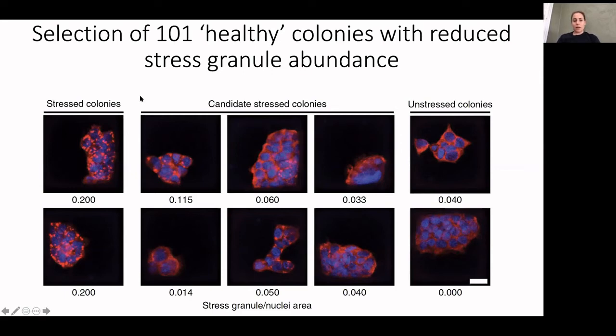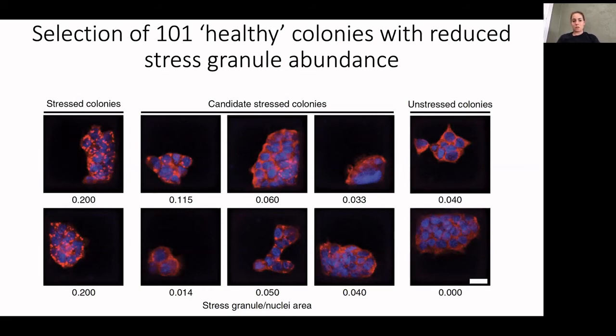Our platform, we have a limited ability to call reduced area. There's kind of a question of what exactly is the cutoff of reduced by what percentage, et cetera. And I think given the variability in the quality of the image colonies across the whole arrays, as well as a lot of variability in granule formation, it made it difficult to call a very strict, like reduced by 20%, et cetera, or something like that.